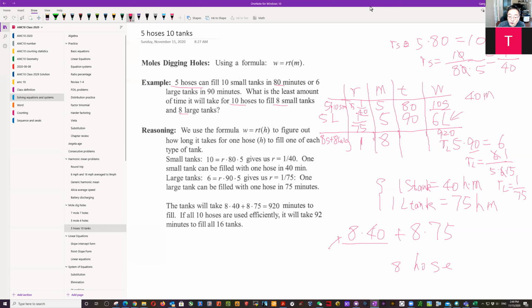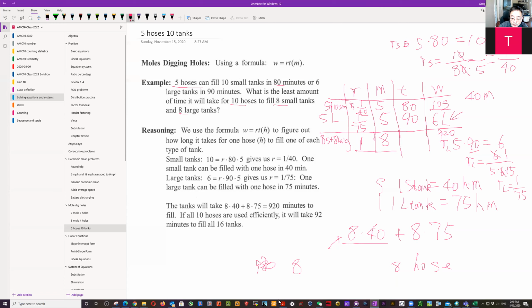And so 8 holes filled together, my rate is actually 8, because 8 holes will fill the tank at 8 hose minutes per second.